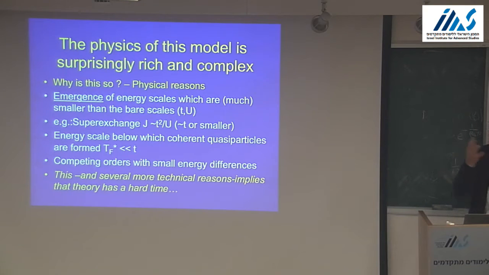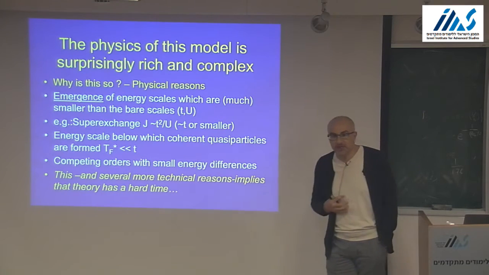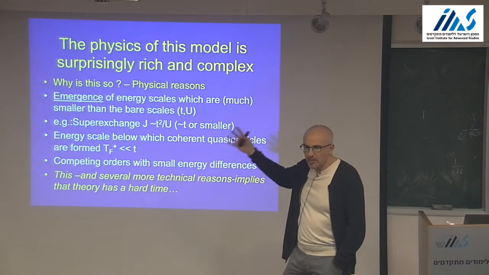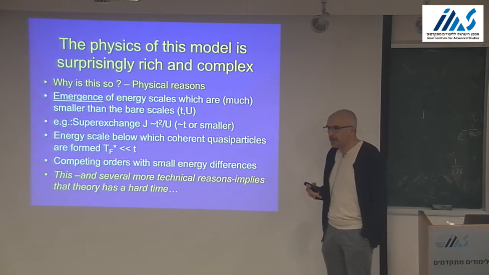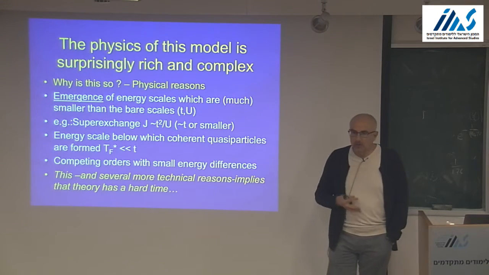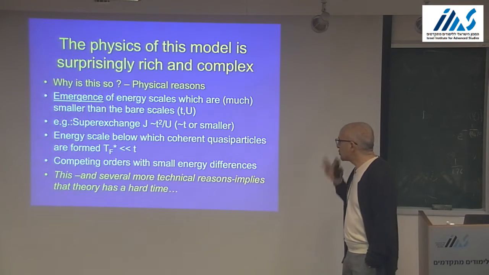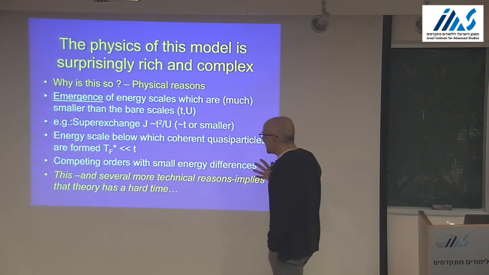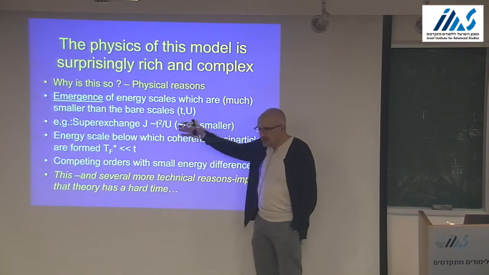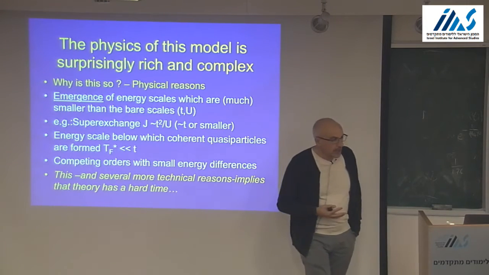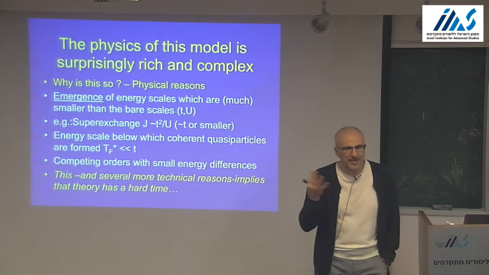Okay? And then if we look more at the metallic side of things, when we have a metallic state, we may in the end form some sort of quasi-particles. But these quasi-particles will typically, you'll see that coming in the rest of the lectures, have a coherence scale which can be much, much smaller than the bare hopping amplitude. So you should think in terms of low energy scales that there are at least two that are very relevant. One is the superexchange, and the other one is the quasi-particle coherence scale, whatever that means.